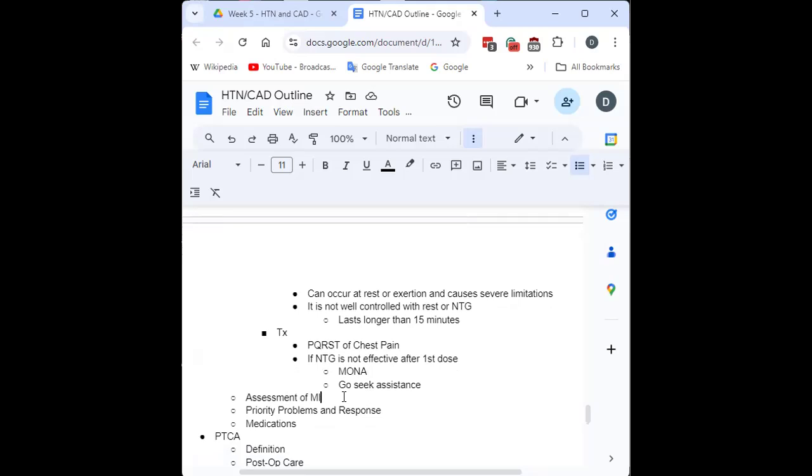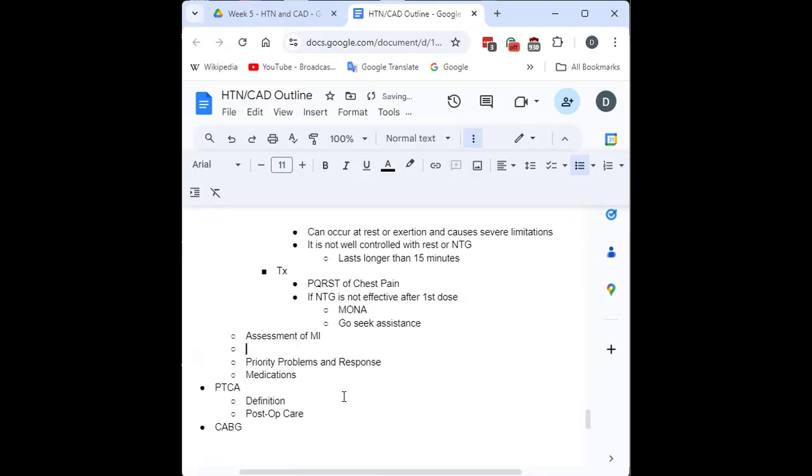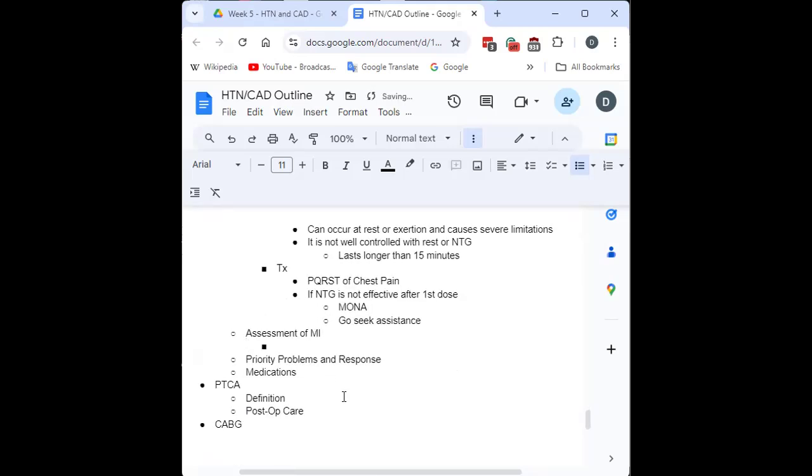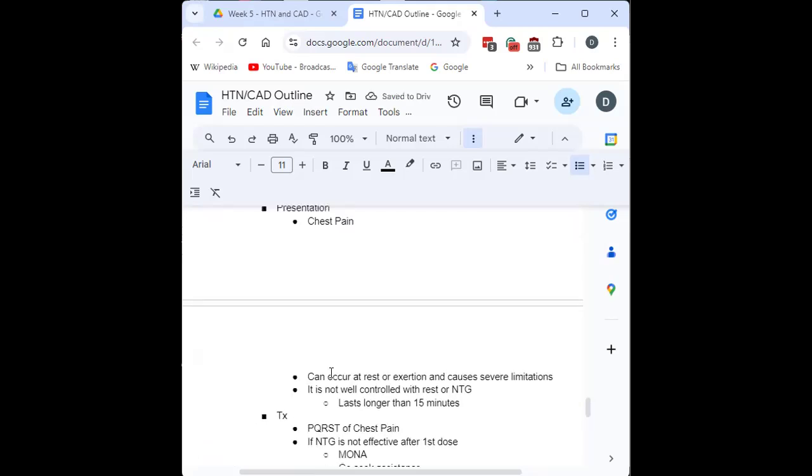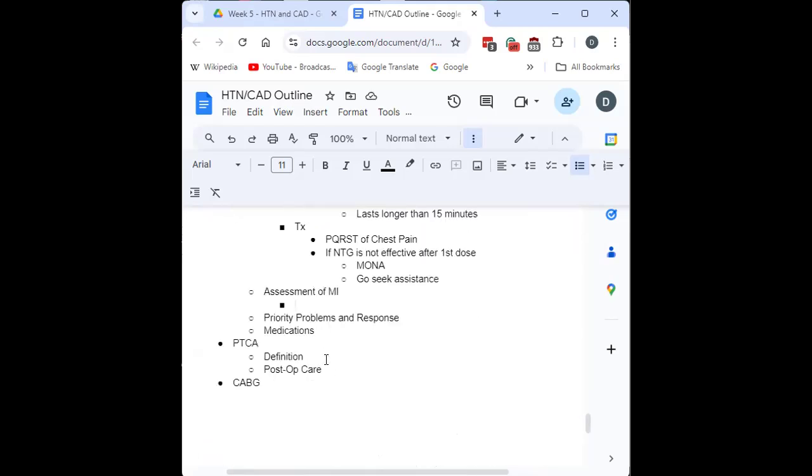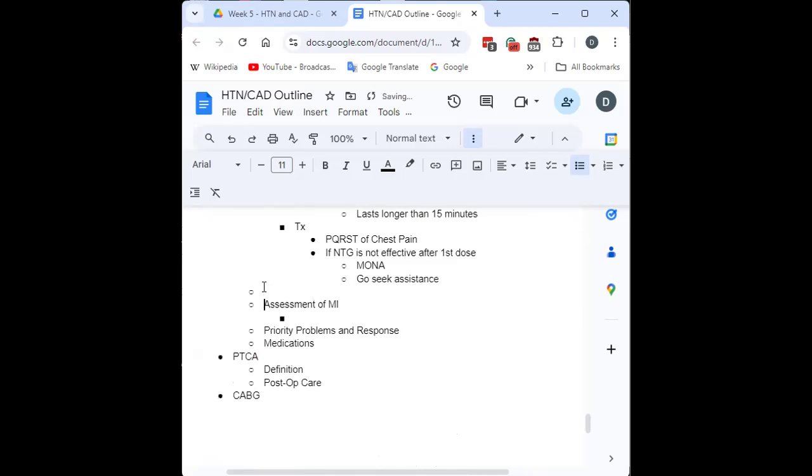All right. So now, finally, assessment of MI. I think that it was like MI consists of one and two. MI consists of what? There's two types of MI. What are they?